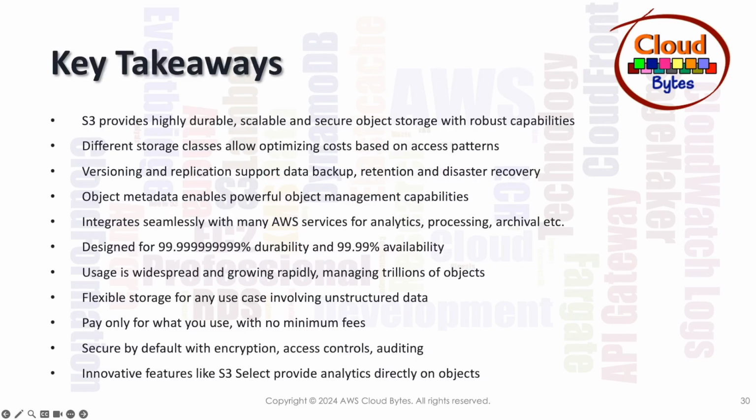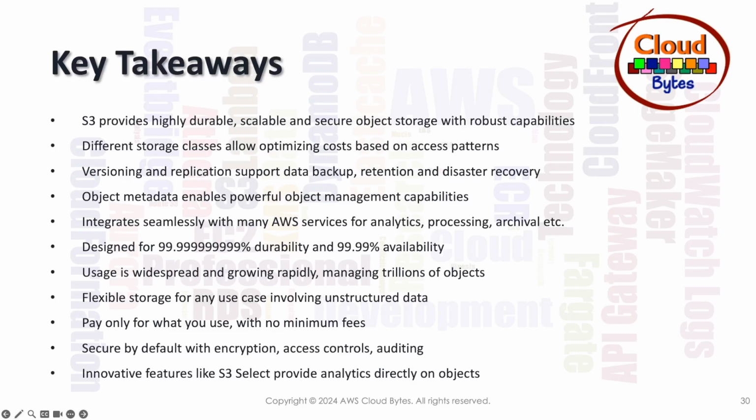Let's look at the key takeaways. S3 provides highly durable, scalable, and secure object storage with robust capabilities. Different storage classes allow optimizing cost based on access patterns. Versioning and replication support data backup, retention, and disaster recovery.